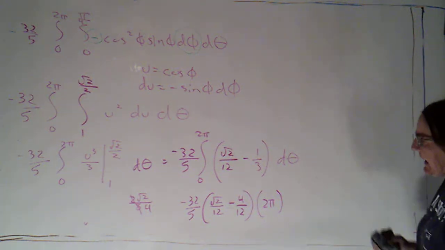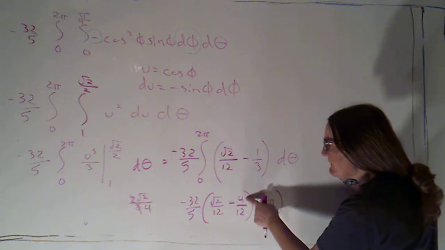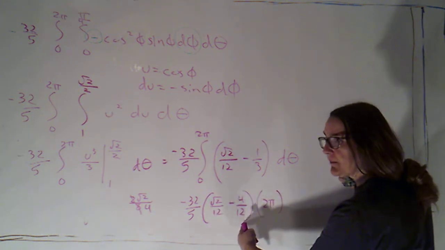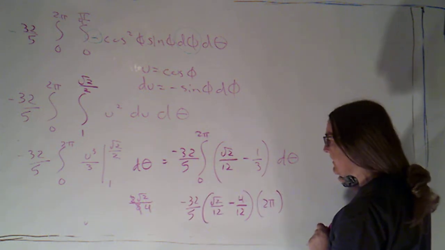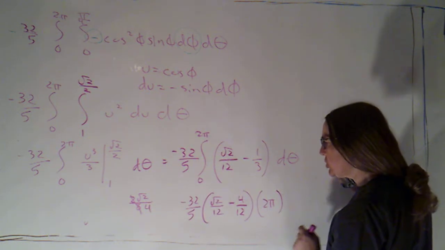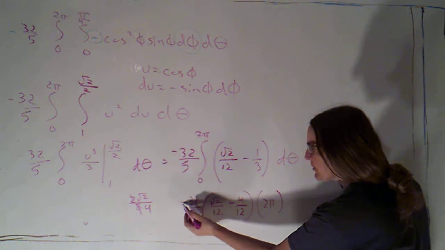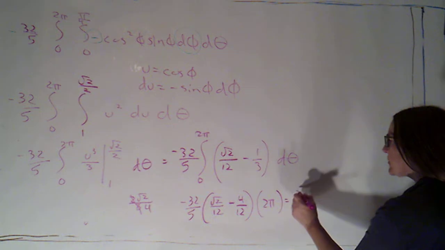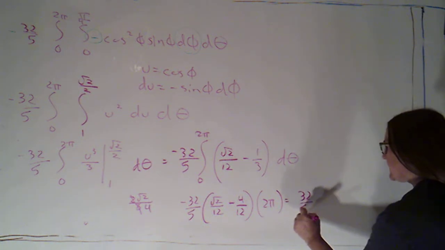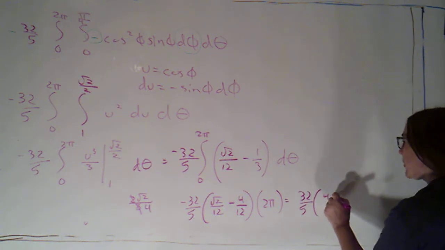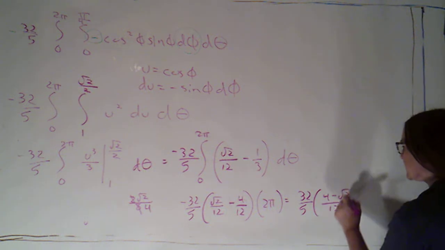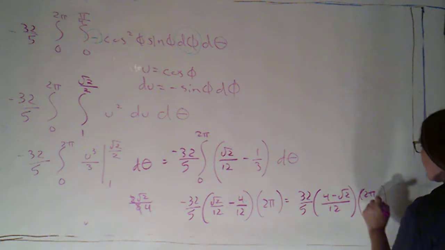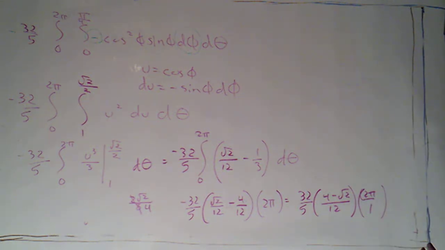Now, if I look here, 4 over 12 is bigger than root 2 over 12. So this is a negative number, which will cancel with that negative there. So I think what I'm going to do is just absorb that negative to switch the order of the subtraction. So I can rewrite this as 32 fifths times 4 minus root 2 all over 12 times 2 pi over 1. And let's cancel what we can.